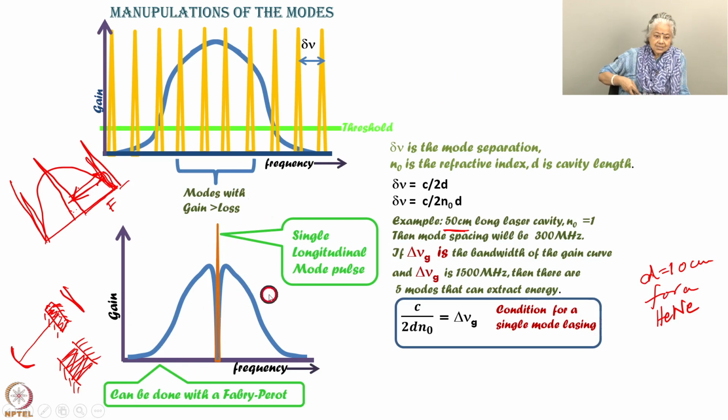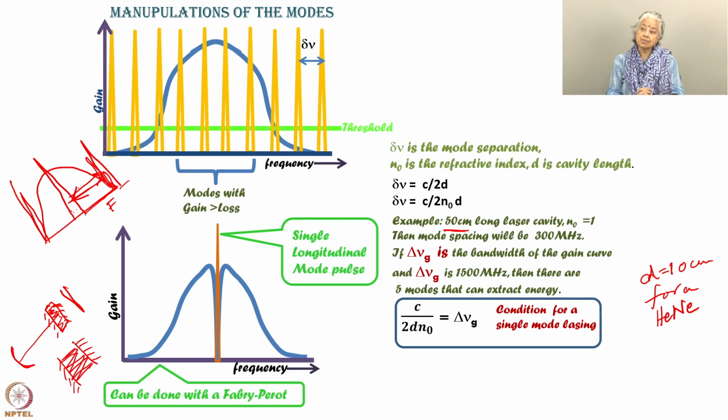But if you just see this gain profile, this mode has created a hole in this gain profile, while this part of the gain here remains wasted. You have pumped in, you have given it some amount of gain, but still you have not extracted that energy.